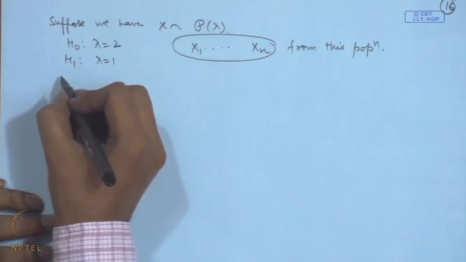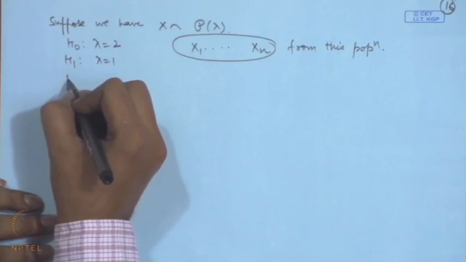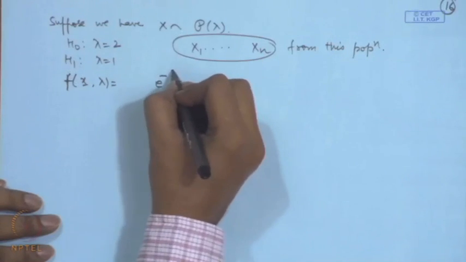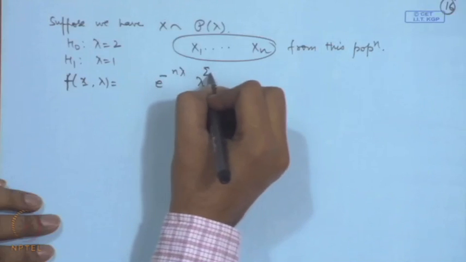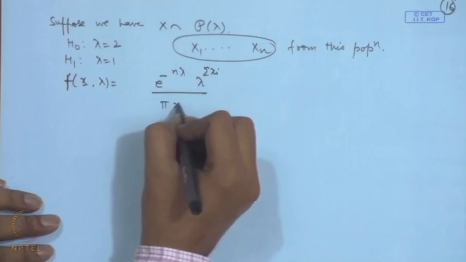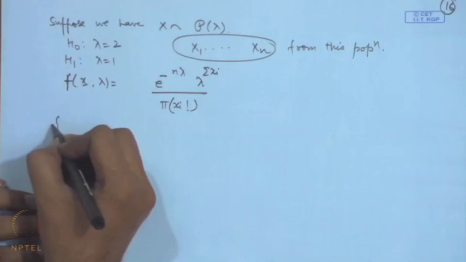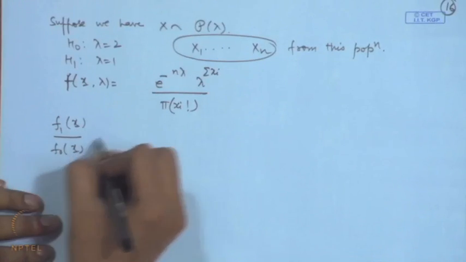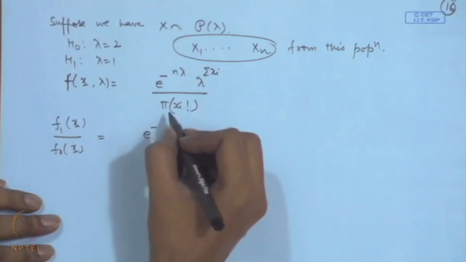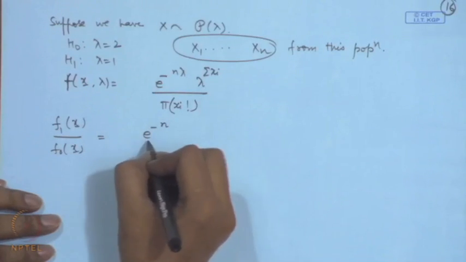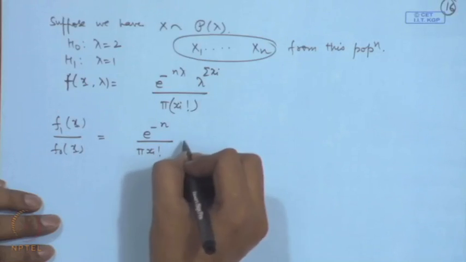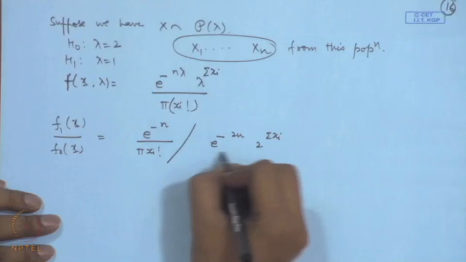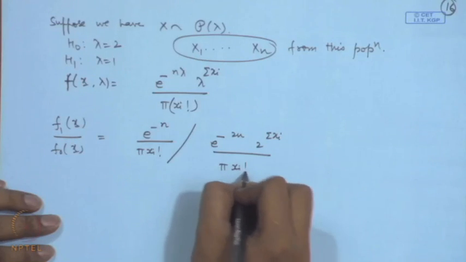So, we consider here the density function f(x, lambda), that is equal to e to the power minus n lambda, lambda to the power sigma x i by product x i factorial. So, if we consider f 1 by f naught, that is equal to e to the power minus n by product x i factorial divided by e to the power minus 2 n, 2 to the power sigma x i, divided by product of x i factorial.